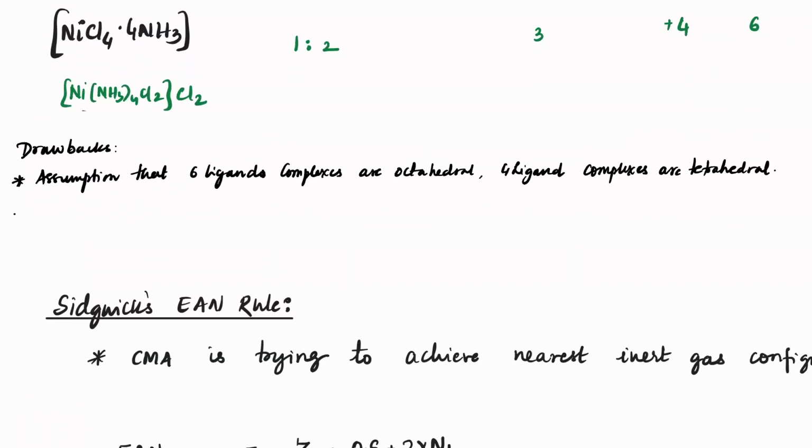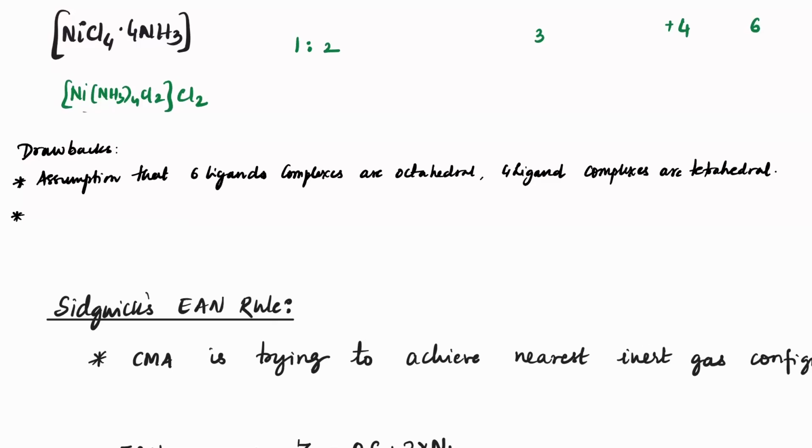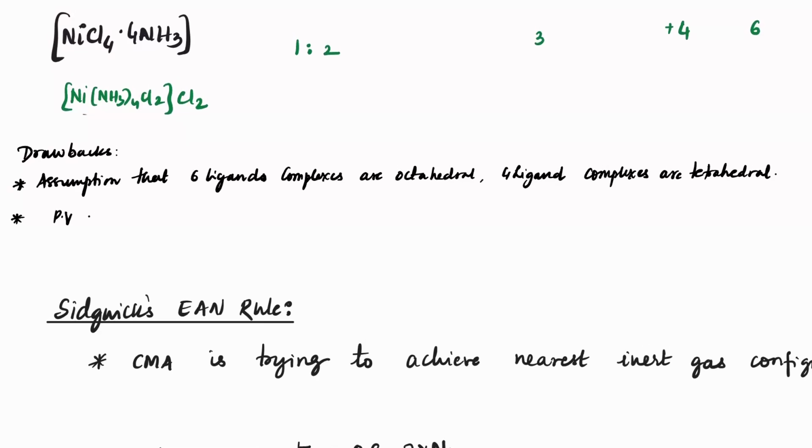Second thing, primary valency of every central atom is fixed, which is also not correct. Going ahead, we learn that metals may have multiple primary valencies, not necessarily one primary valency. It could show plus two also, it can show plus three also, and so on. So that is not fixed.